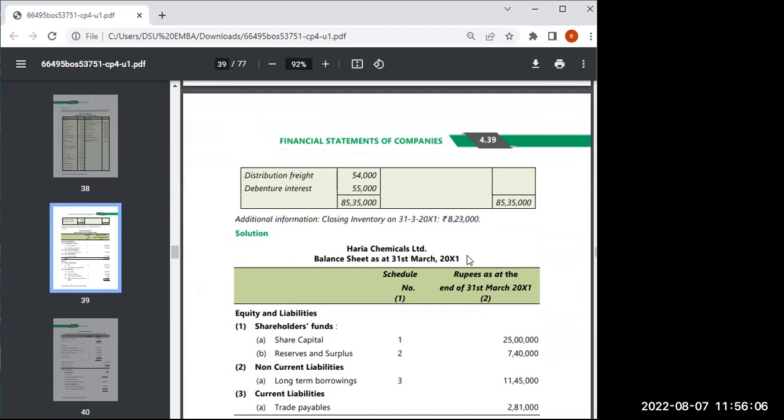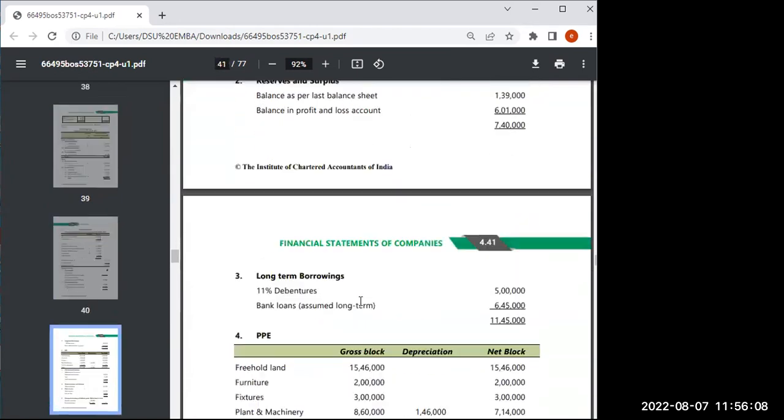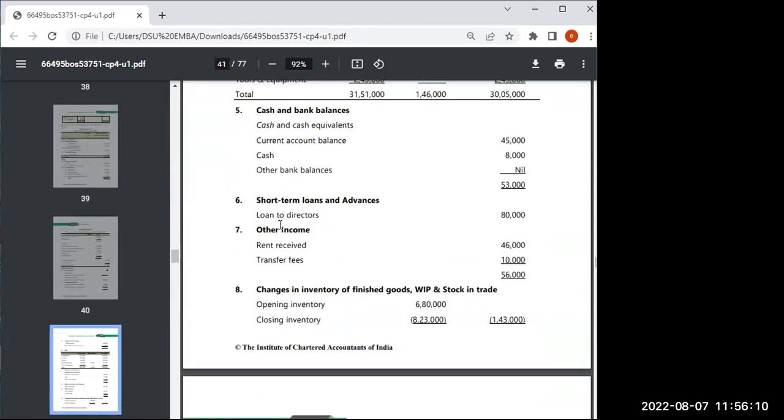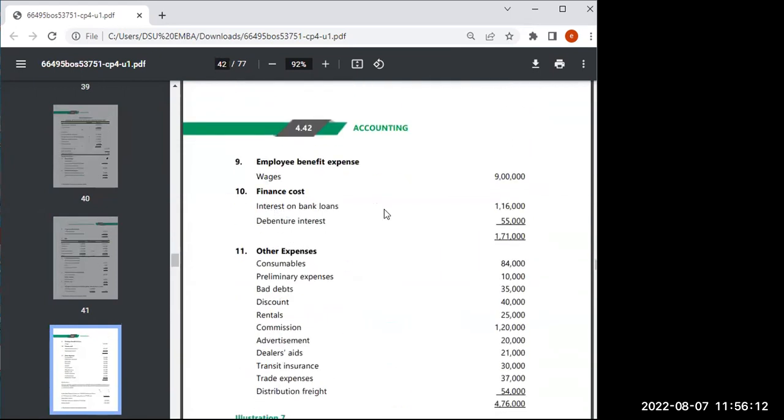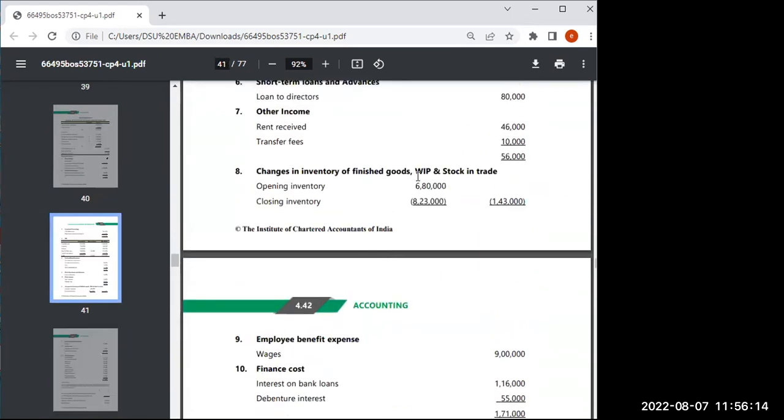How much is it? 8,23,000. That's what is done here. Look at the note number. Opening inventory and closing inventory. Opening inventory is 6,80,000 minus 8,23,000. That's the formula you wrote: opening of all the three, work in progress, finished goods, stock in trade, minus closing of all the three.